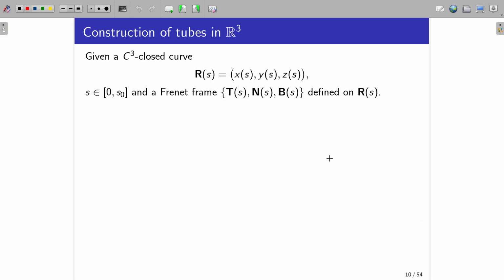Here is how we construct the tube in R3.